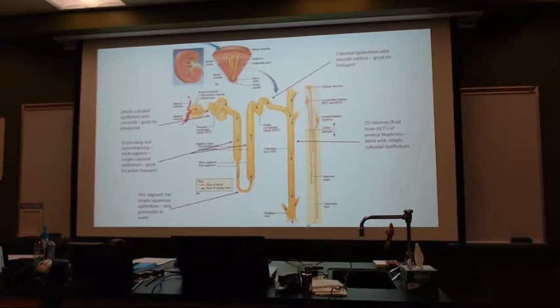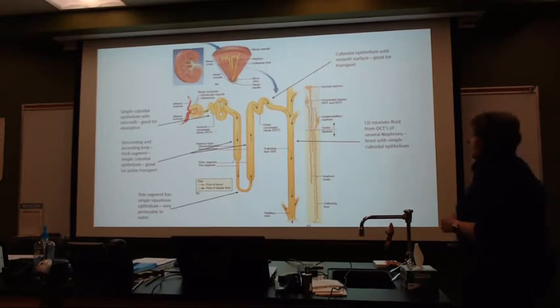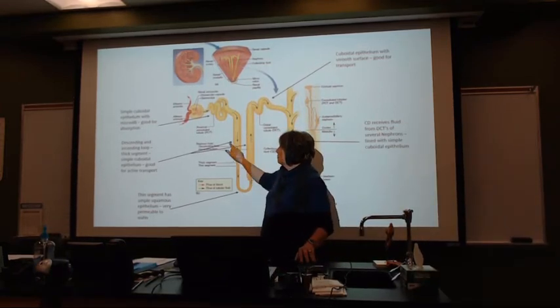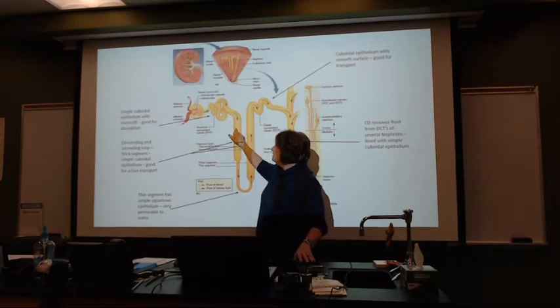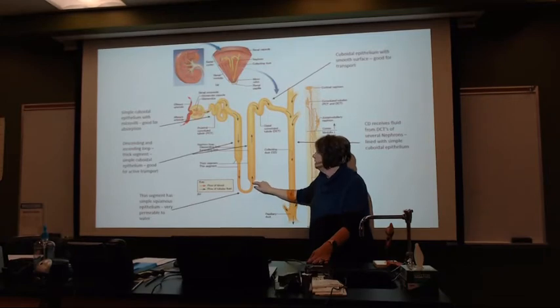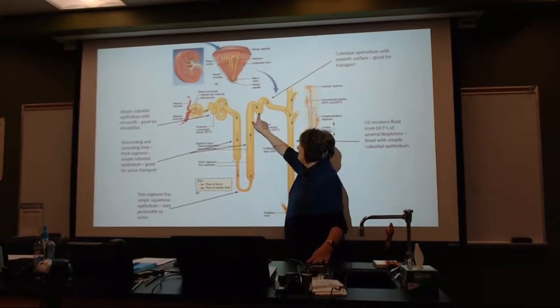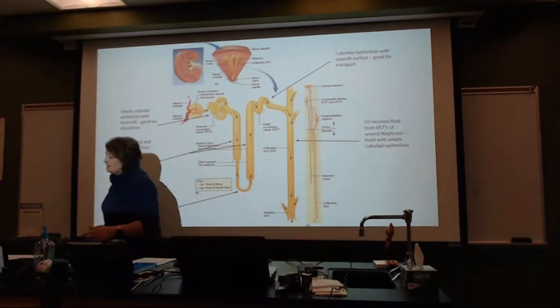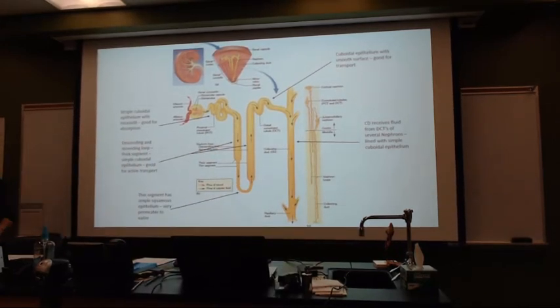Okay, so what's going to happen as we enter the loop? We have our descending, we have the loop of Henle, we have ascending, and then the distal convoluted tubule. So basically, here's what's happening.